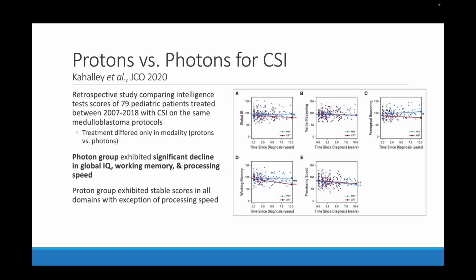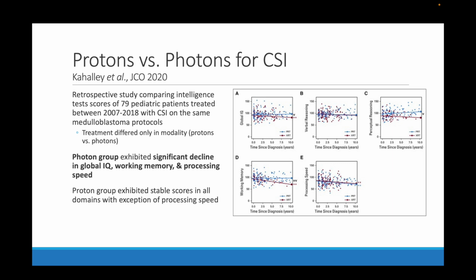And the only difference in their treatment was the modality, so protons versus photons. And what they found is that the patients treated with photons actually had significant decline in their global IQ, working memory, as well as processing speed, whereas the proton group exhibited stable scores in all of the domains except for processing speed. So we do have data that protons are superior to photons in terms of neurocognitive outcomes.